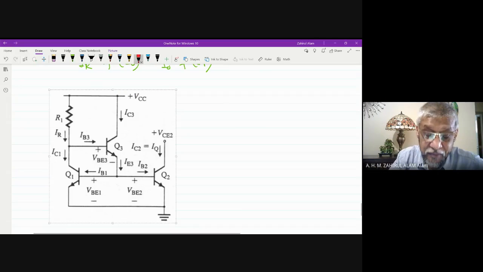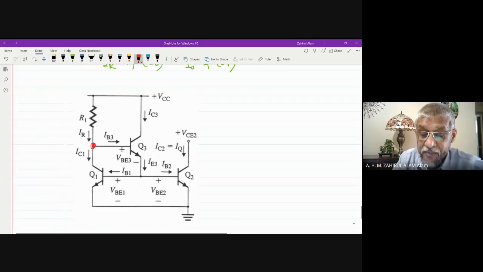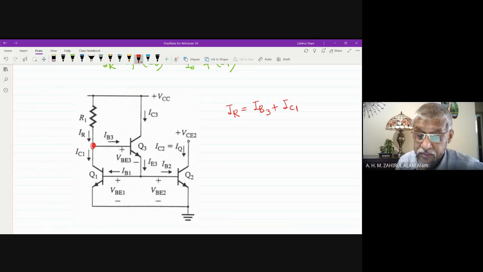Now I need to apply KCL here. Then IR is equal to IB3 plus IC1.